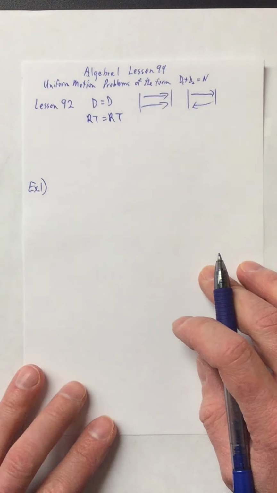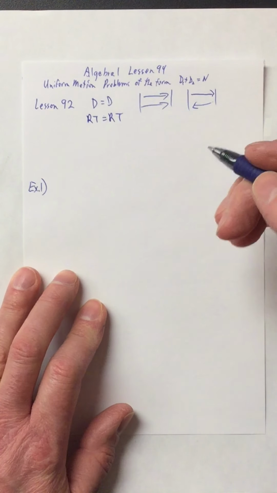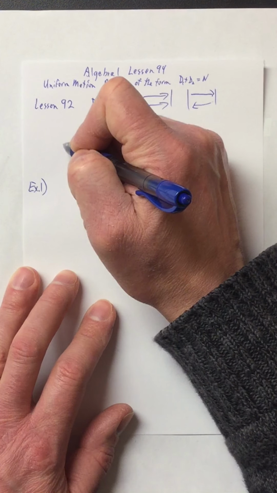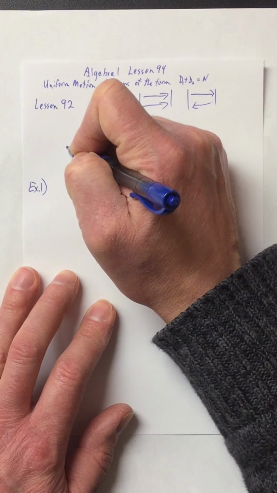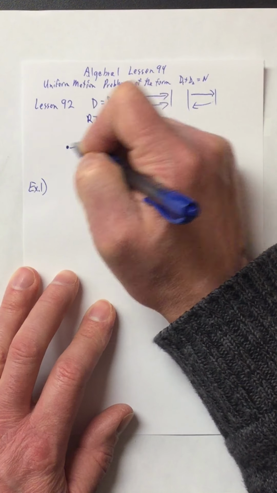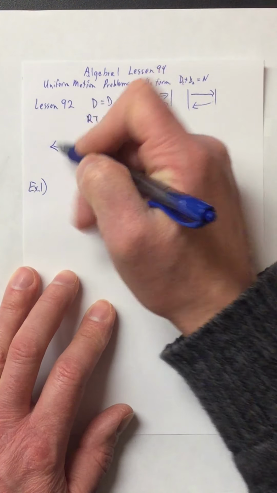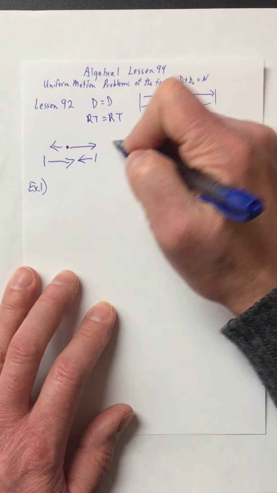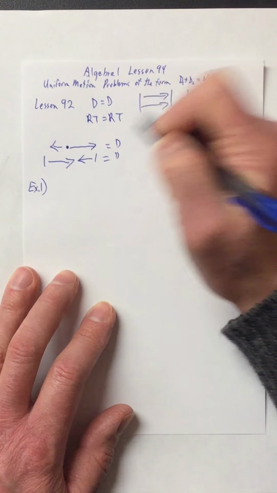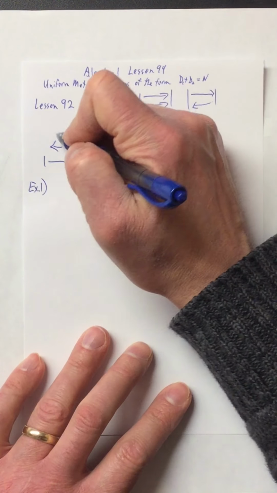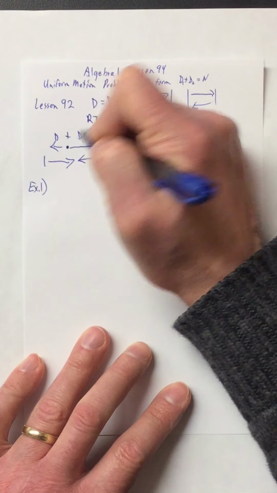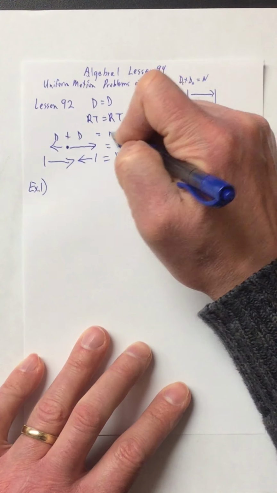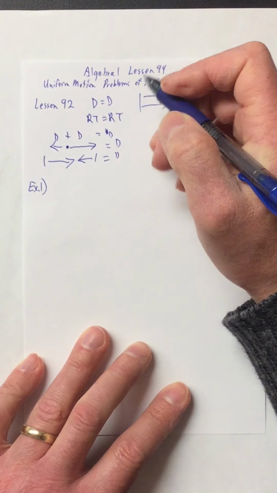Today we look at a second situation, and in the pictures that would look where maybe two trains start at the same place and they go opposite directions, or they start at two spots and come together and meet. And so the way this looks is that the distance of one plus the distance of the other is equal to a total distance.